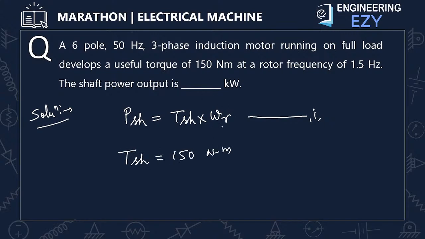We have to calculate the omega, and rotor frequency is given. Using the rotor frequency and the supply frequency, we can calculate the slip, because omega_r is omega_s into (1 minus slip). So you can calculate slip using the rotor frequency and supply frequency.